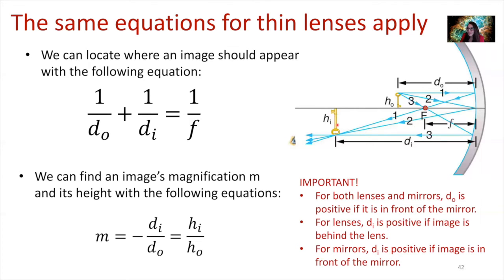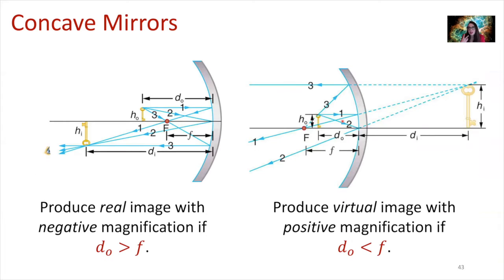In thin lenses, if the image appears on the same side of the lens as the object, we call that a virtual image. There are two situations we can have for concave mirrors. Those are our converging mirrors. They look like this. The rays of light are coming in toward the bowl shape of the mirror.